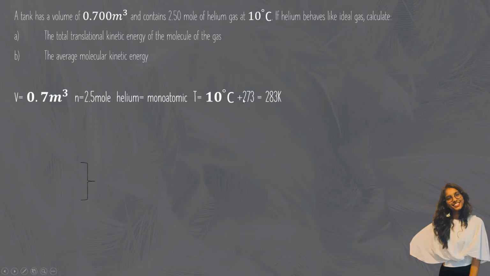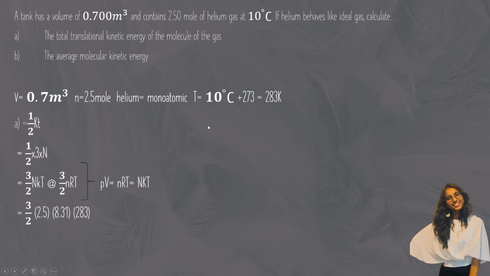283 Kelvin. So first of all, for 1 degree of freedom, the equation is 1 over 2 kT. Since helium has 3 degrees of freedom, we multiply 1 over 2 times 3 times N. So we get 3 over 2 NkT.